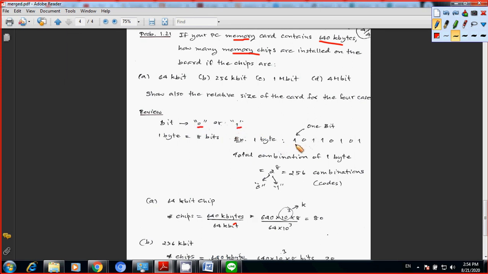Since 1 bit can be either 0 or 1 as digital logic, you have a total of 2 to the power of 8. This gives you 256 combinations, or you can make 256 codes.